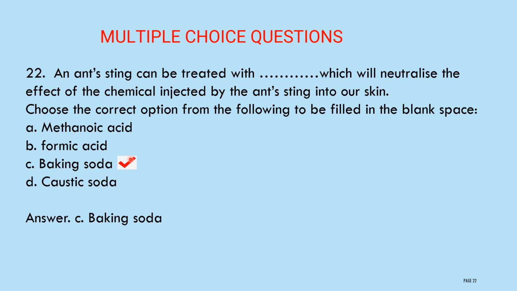Baking soda is alkaline in nature. Baking soda reacts with the acid, neutralizes it, and produces salt and water. This type of reaction we call a neutralization reaction. Here baking soda behaves as a base.